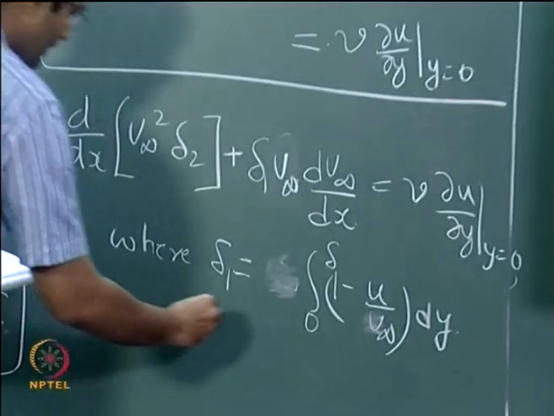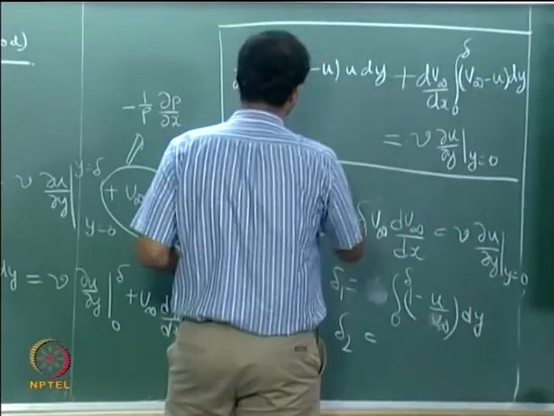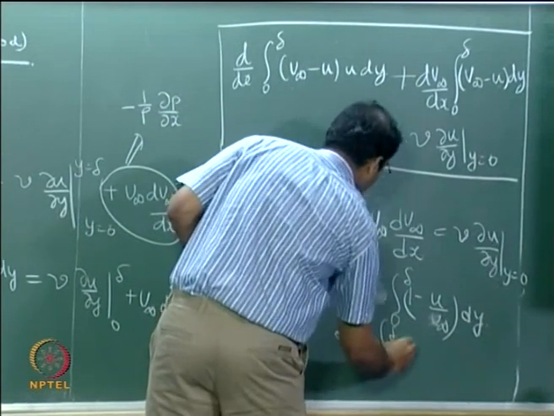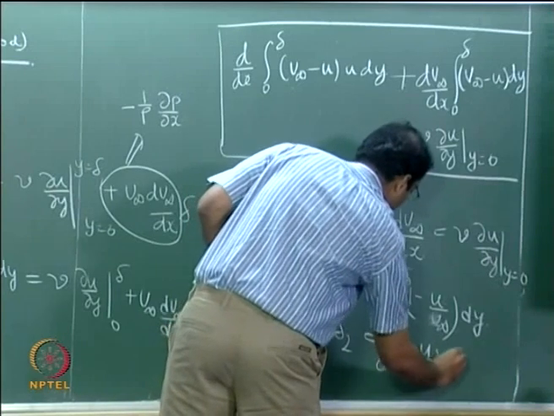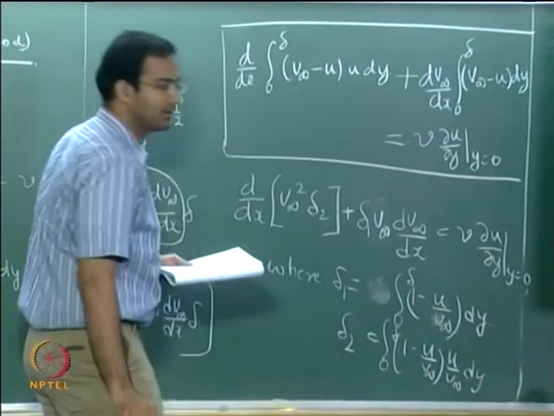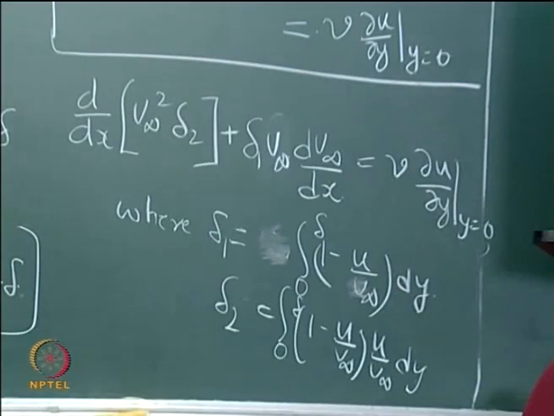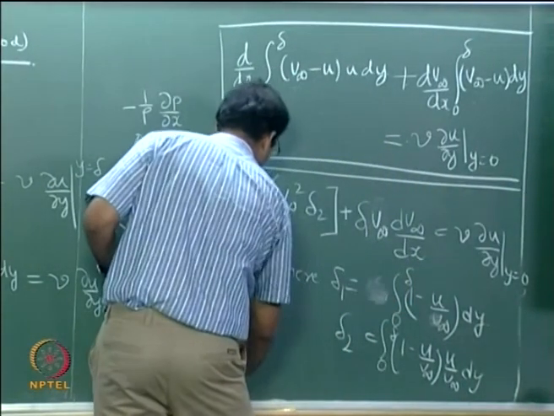And for delta 2, I am multiplying and dividing by u infinity square, so this will be integral 0 to delta of 1 minus u by u infinity into u by u infinity dy. So this is also another nice form that you find in many of the textbooks.